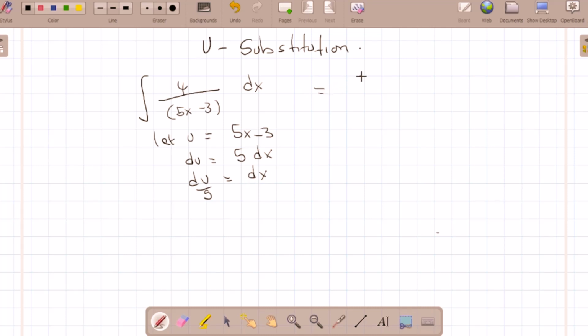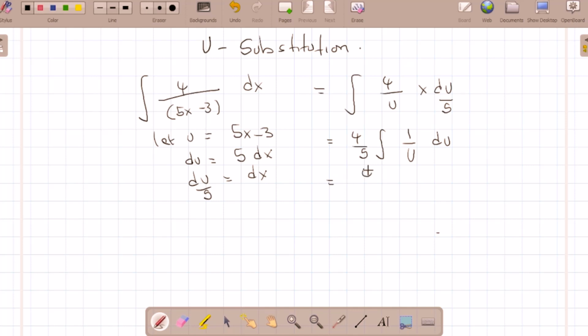So this integral is equal to the integral of 4 divided by u multiplied by du over 5. So this 4 over 5 is a constant, so we can take it out of the integral, and this should leave us with 1 over u du.